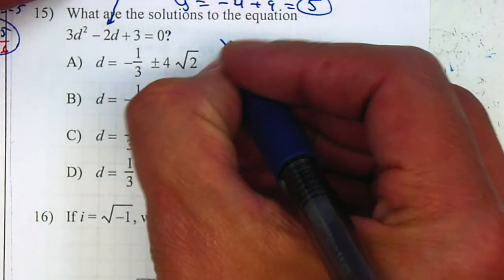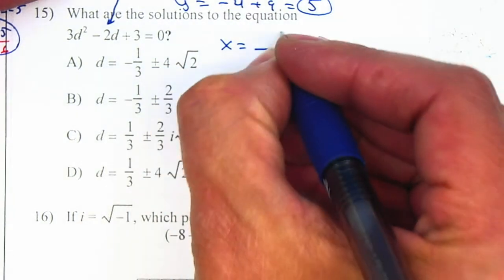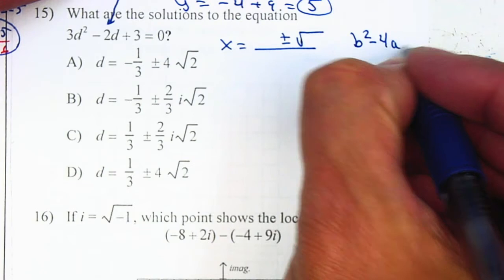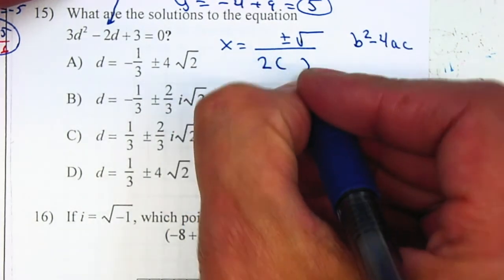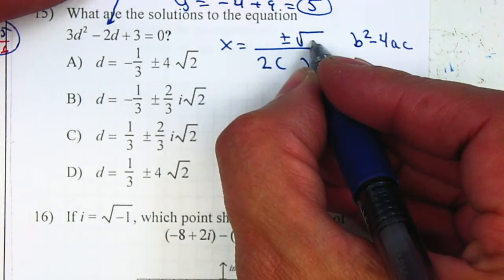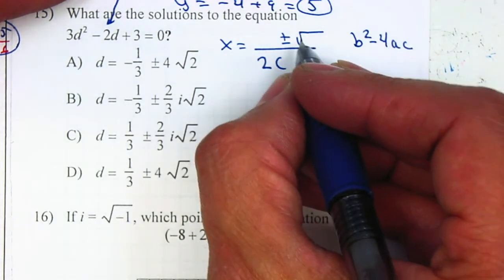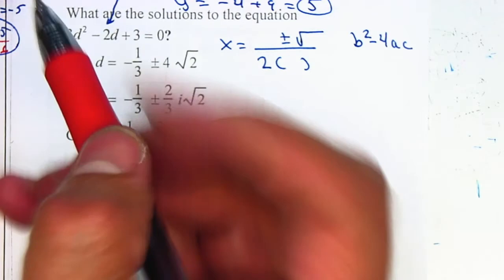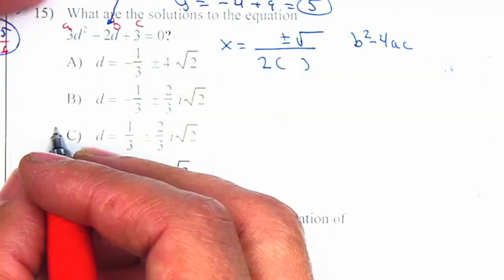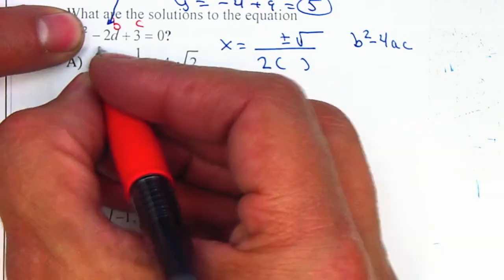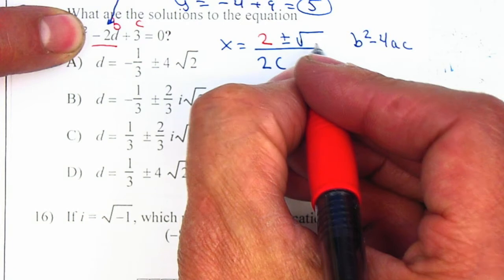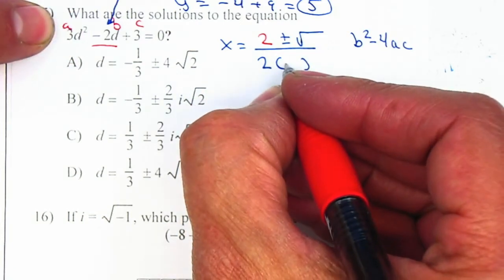We have x equals opposite b plus or minus square root of b squared minus 4ac all over 2a. Remember, we are using the discriminant. We're going to plug that in inside the square root. This is a value of A, value of B, and value of C. X equals opposite B. This is a negative 2, so this will be positive 2, all over 2A.